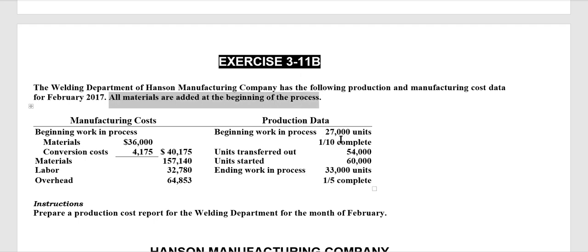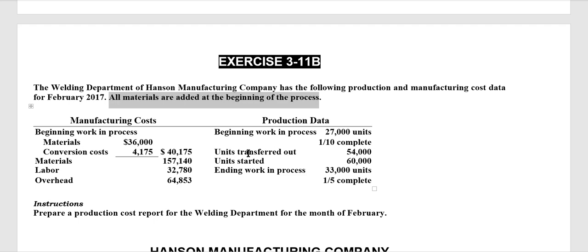So whatever material they needed to complete those units have already been added to those units. On the other hand, the conversion cost, which is the sum of your direct labor and overhead, only 1/10 or 10% of that cost has already been added to those units.